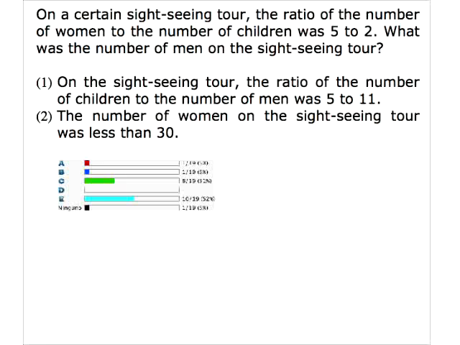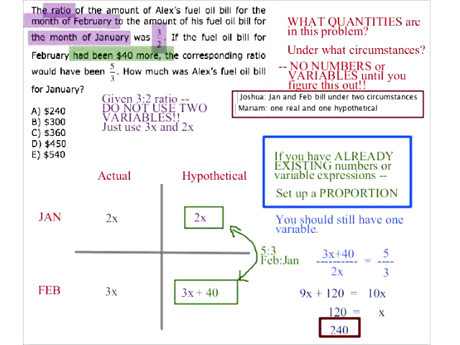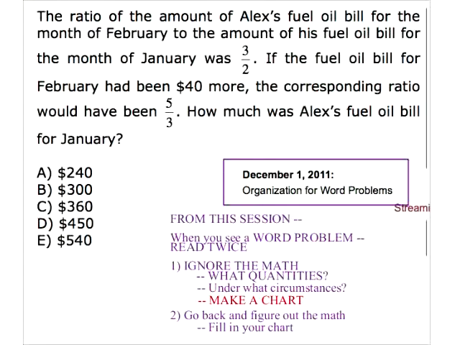Someone asked, do we use that chart approach? We made some comments on that, but just to rehash, the charting approach: you want to make a chart anytime you have a word problem that has lots of words. So it's not unique to a ratio situation.